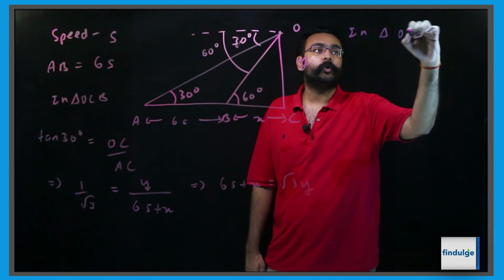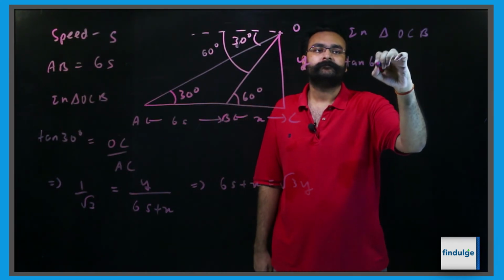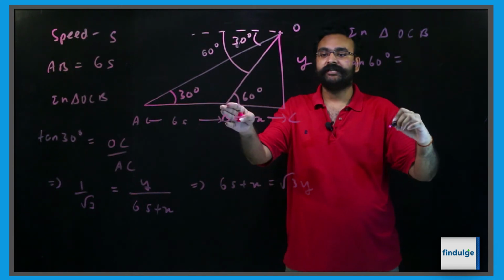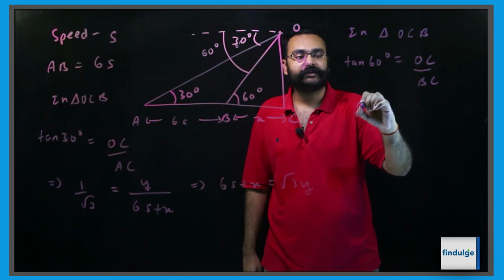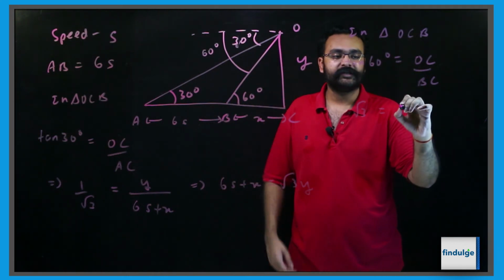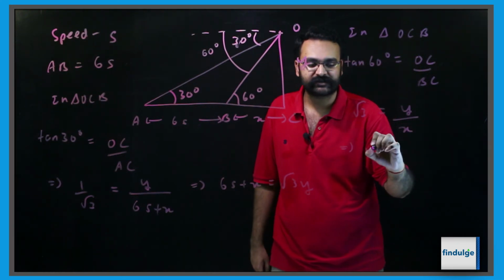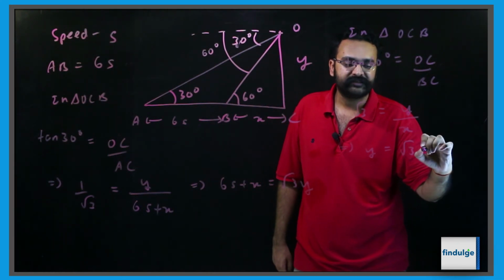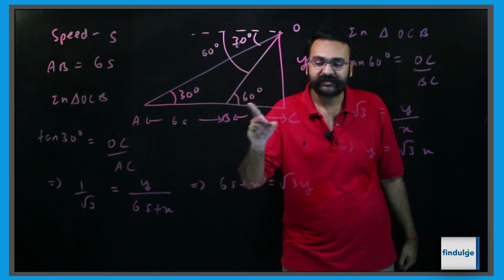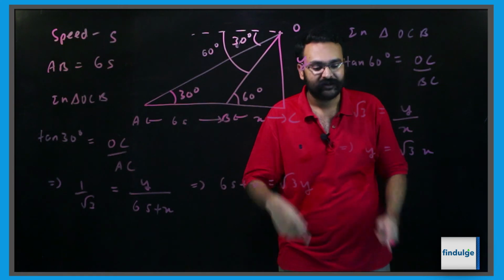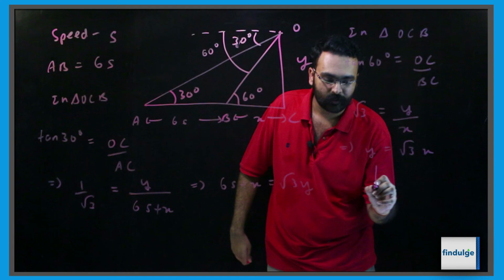In triangle OCB, tan 60 degrees is OC upon BC. Tan 60 is root 3 is equal to OC, which is y, upon BC, which is x, which gives us y is equal to root 3x. As I said, we simply need to find the value of x. Let us substitute the value of y into the first equation.